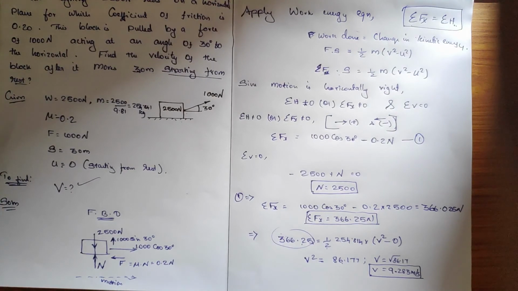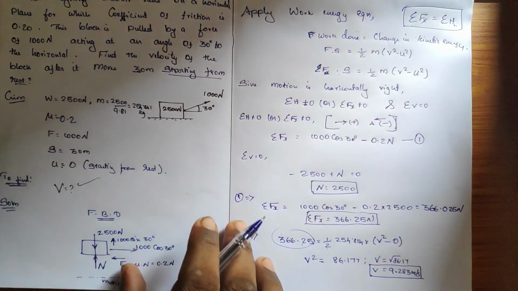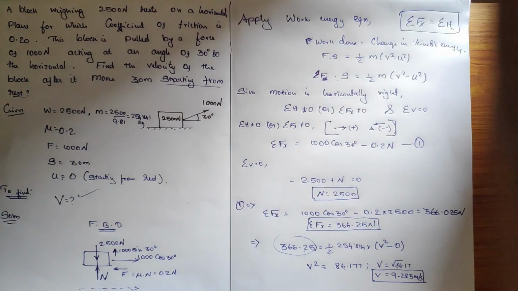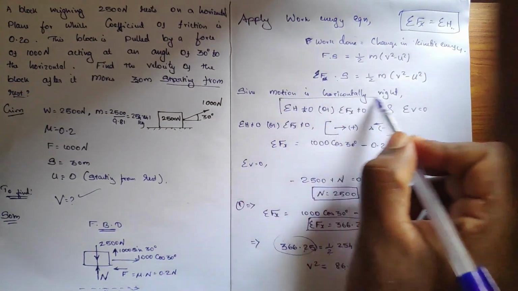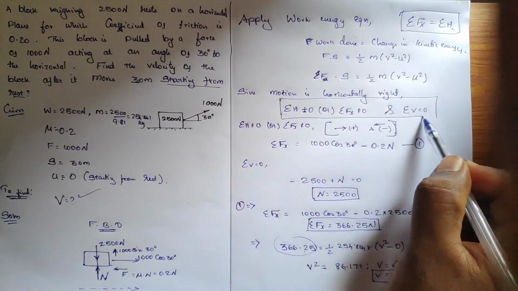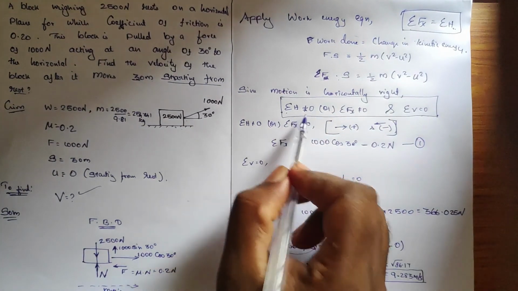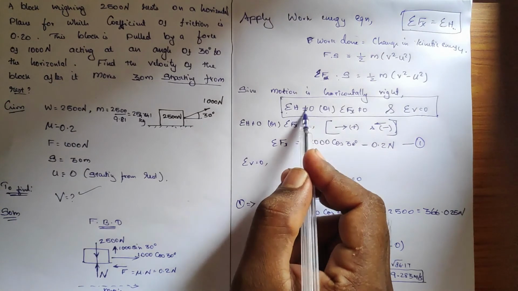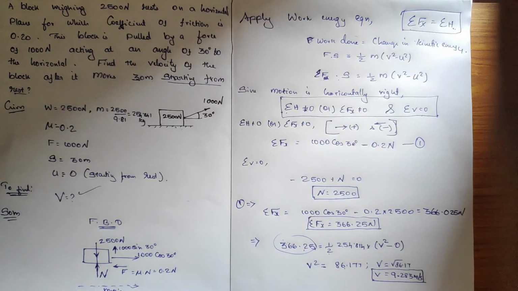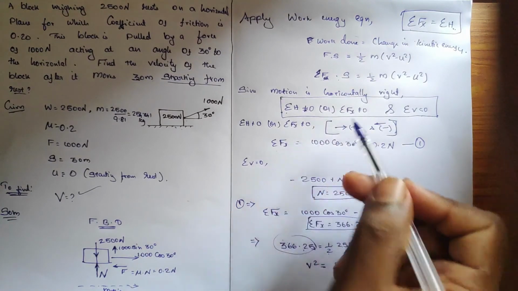I hope you understood how we have to move in the work energy equation. Here we need to be careful, it is a very important step. It is predicted based upon the motion of the block. Here the motion of the block is horizontal, so we have taken horizontal force not equal to 0 since there is a motion, and vertical force equal to 0. But in terms of Fx we have denoted it.